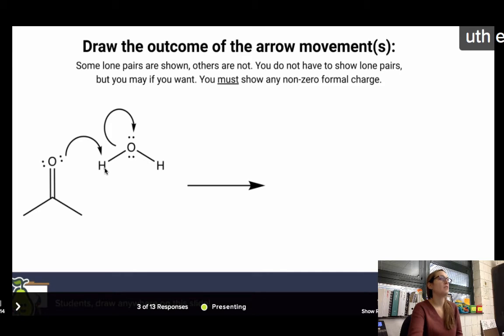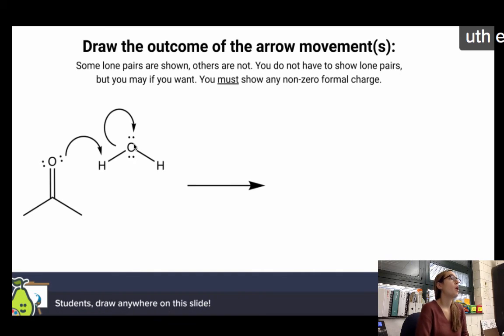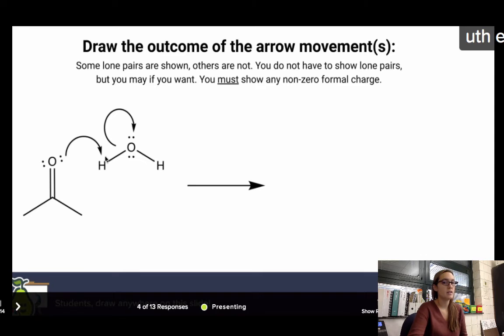When it's pointing to a hydrogen, it's going to be creating a bond. So this is creating a bond with hydrogen. Now these electrons in this bond are moving directly to the oxygen. So it's moving bond to lone pair. So here we have lone pair to bond, bond to lone pair.